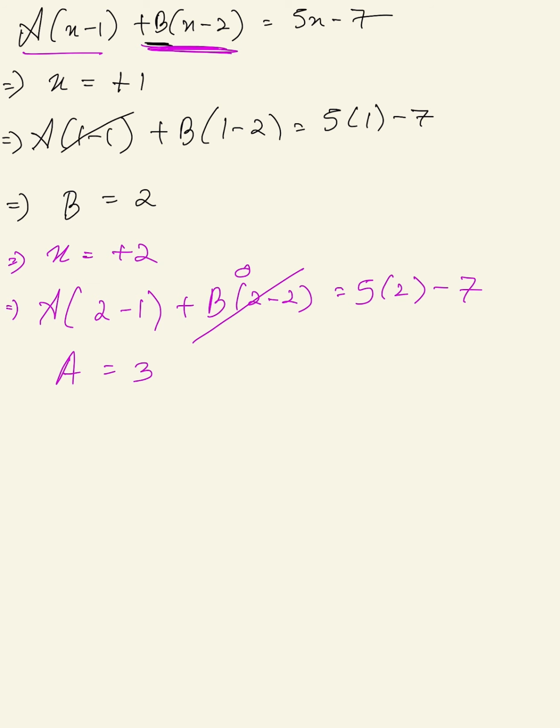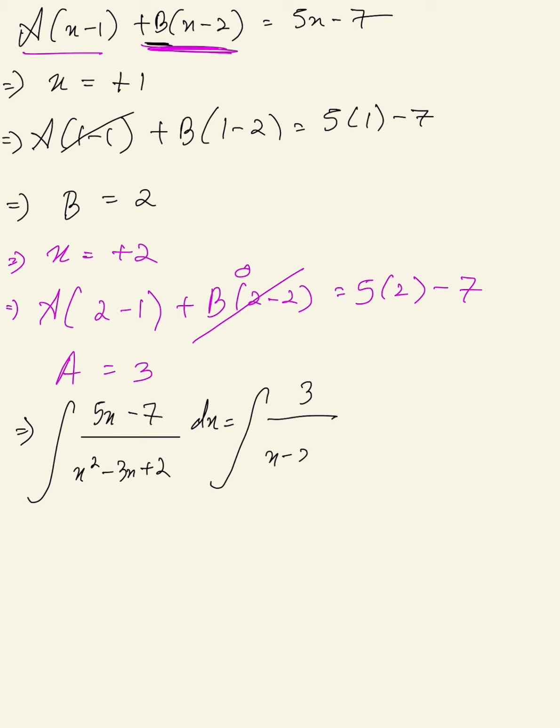Now we put the whole thing together. So the integral of 5x minus 7 over x squared minus 3x plus 2 dx will give us 3 over x minus 2 plus 2 over x minus 1. I hope you get this part down here.